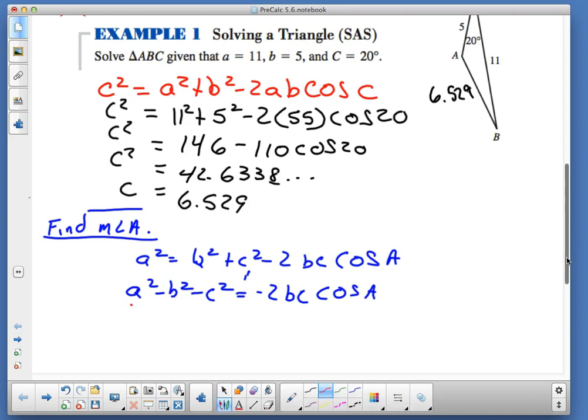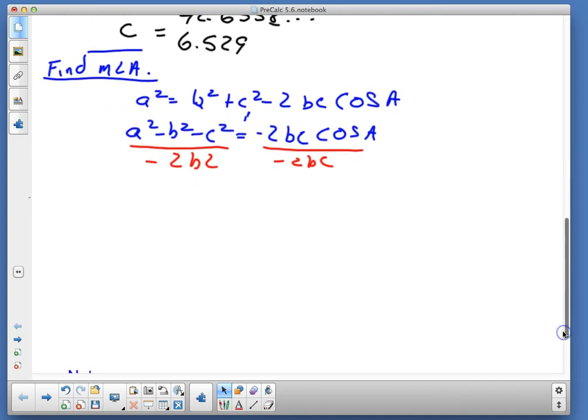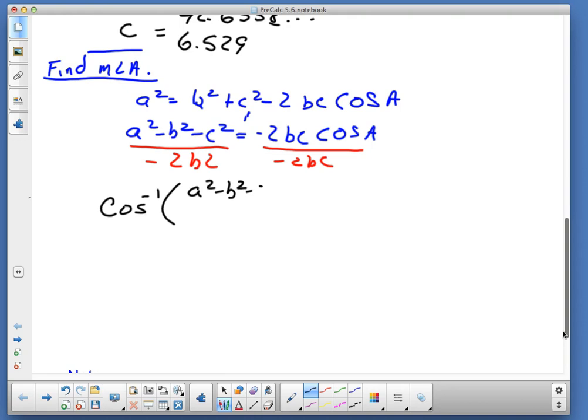It's just manipulation of my formula. Now I take the arc cosine of both sides, so I have inverse cosine of A squared minus B squared minus C squared all over negative 2BC is equal to the measure of angle A.